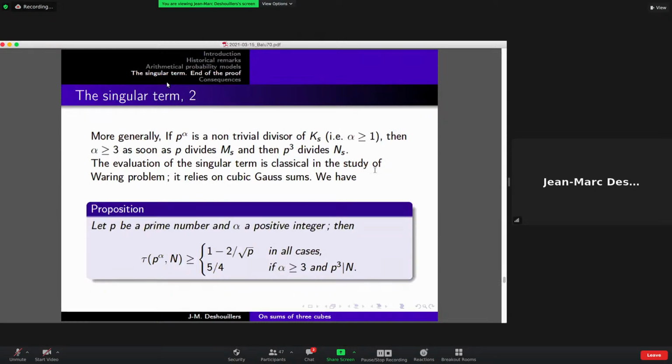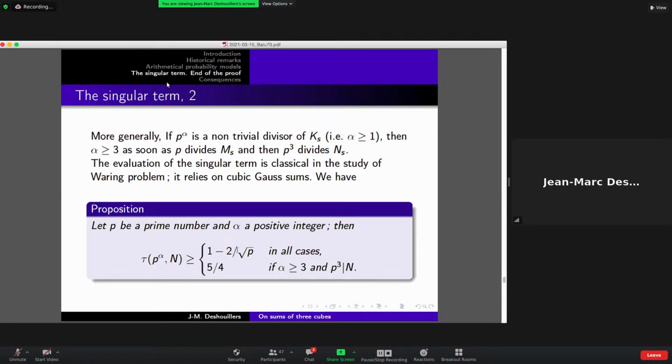So what we have is the following lower bound for tau p alpha of n. And it is important to have a lower bound because it occurs in the upper bound with exponential of minus the product of the tau. Okay, so it is always larger than 1 minus 2 over square root of p. Of course, it is always positive for p at least 5. And if it is 2 and 3, we don't care because we know that 2 and 3 will occur in our problem with a power.